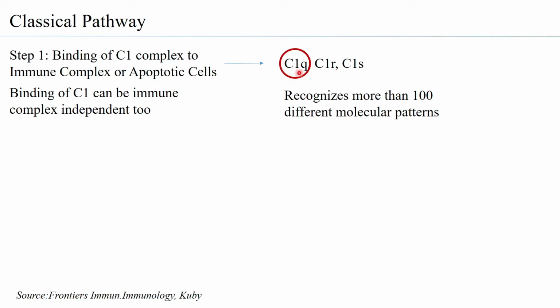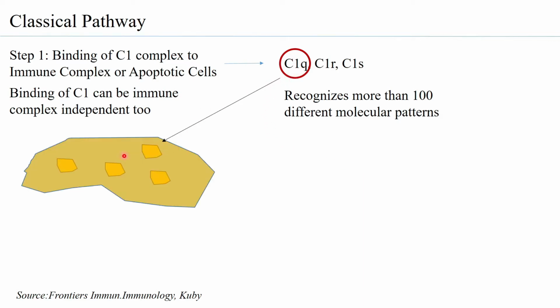So you can very well understand that it can bind to an antibody antigen complex, but it can also bind to several different pathogen associated molecular patterns present on the surface or damage associated molecular patterns which can be found on the apoptotic cells. So C1q therefore seemingly is able to bind to antibodies, and it is especially the Fc region of the antibody, and that too generally of the IgG or the IgM.